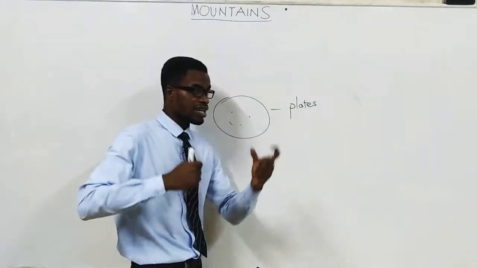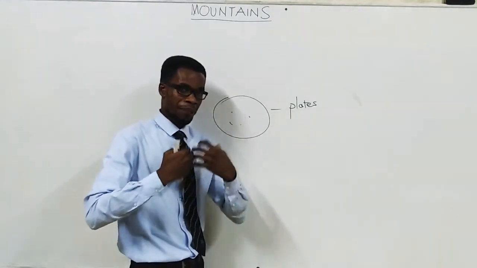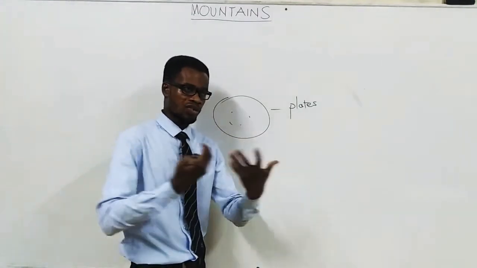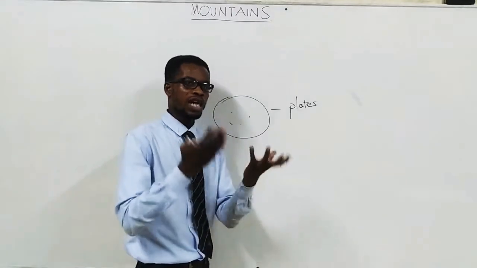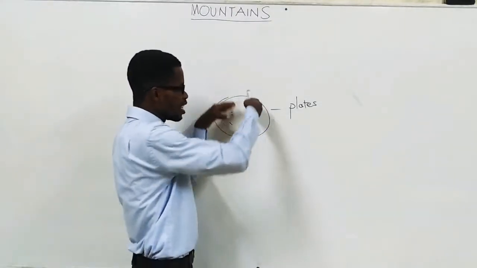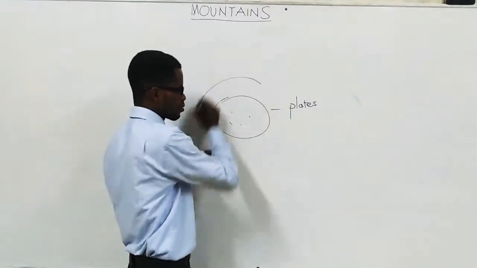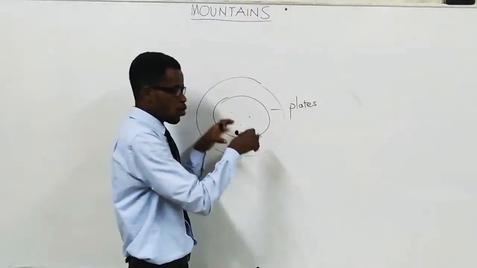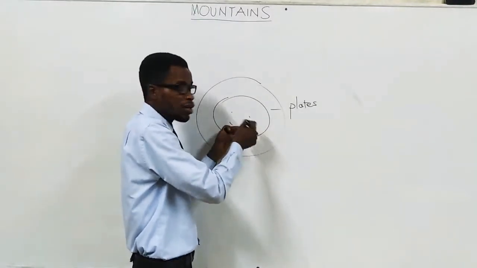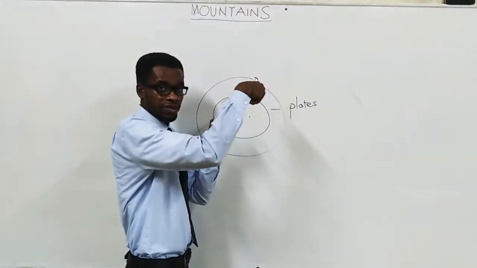As the layers of the earth move, the pressure can cause them to open up, tear up, separate or fold up. Because these layers are down there, the inner part, and they are soft, any deformity that takes place here will affect the crust.